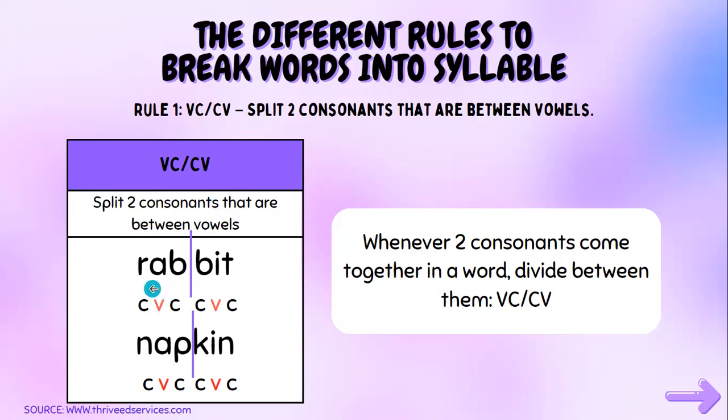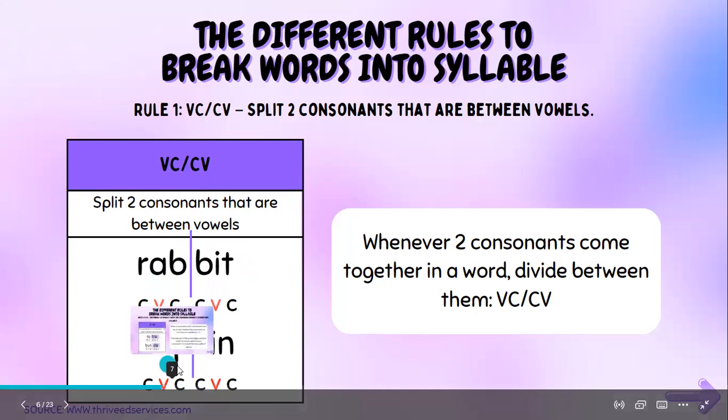What that says is if we ever find two consonants that are surrounded by two vowels. For example, here it's vowel A and vowel I, and between them there are two consonants, which are B and B. Then we split the word between the two consonants. So here we split it between the two B's.